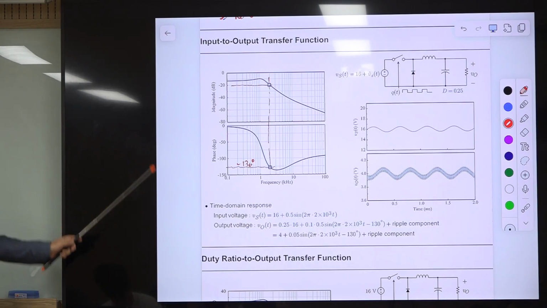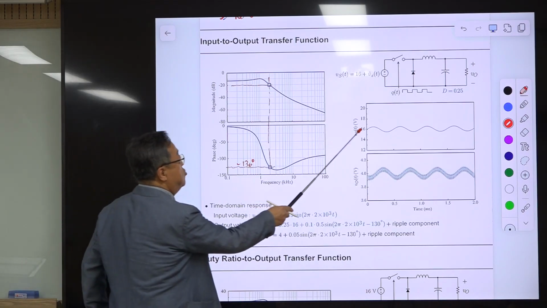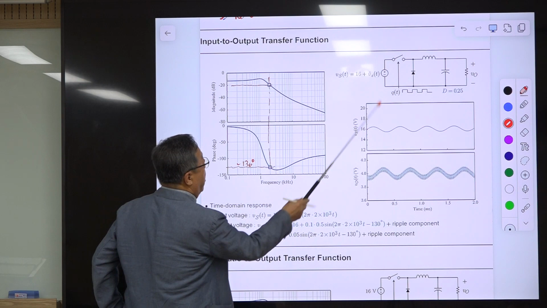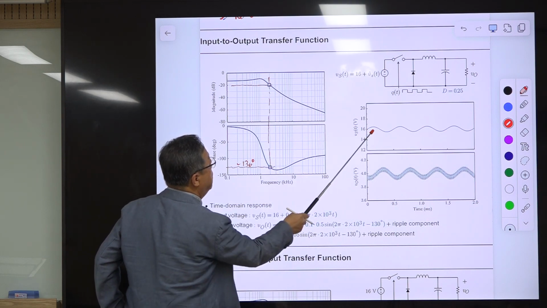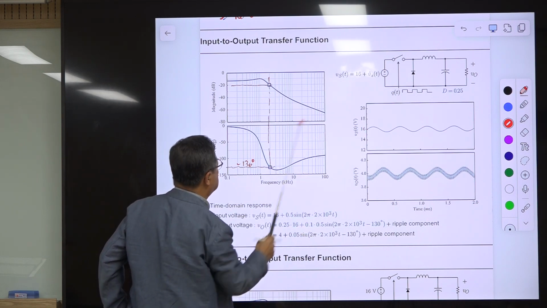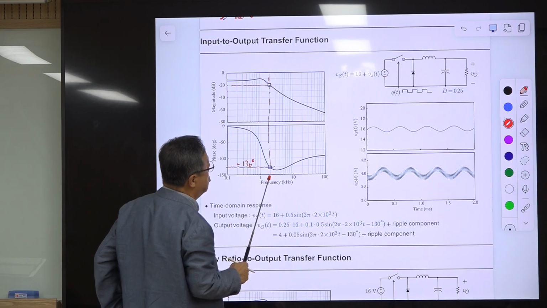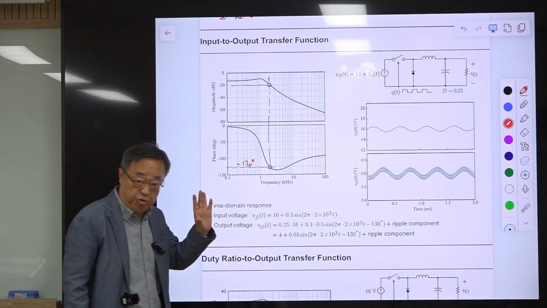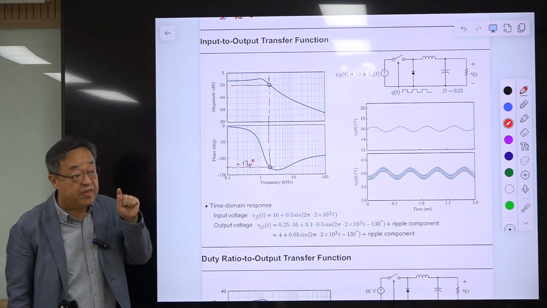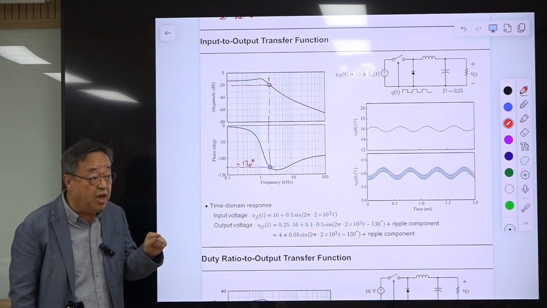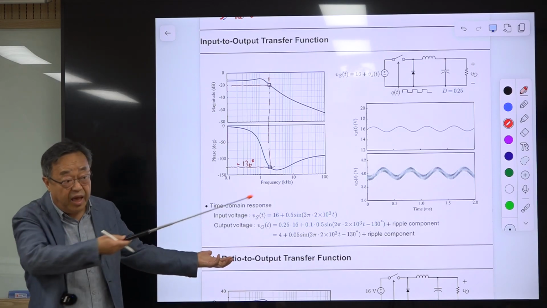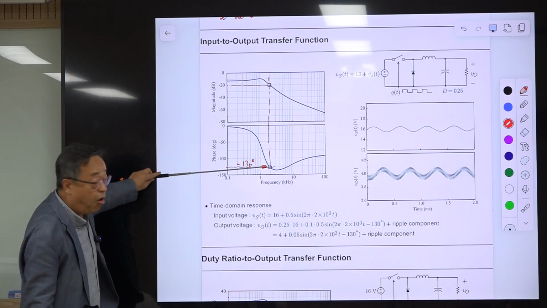The implication of this is, if you apply this plus this one, then the magnitude of this 2 kHz sinusoid will be attenuated to 1/10, 20 dB, and the phase will be delayed 130 degrees.